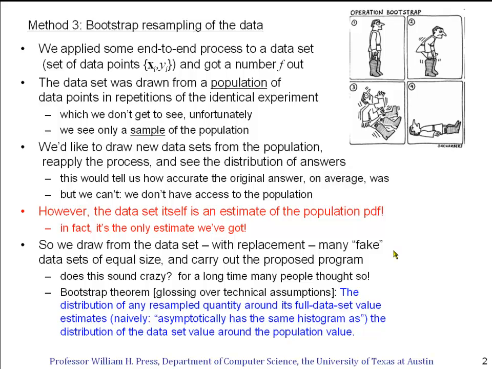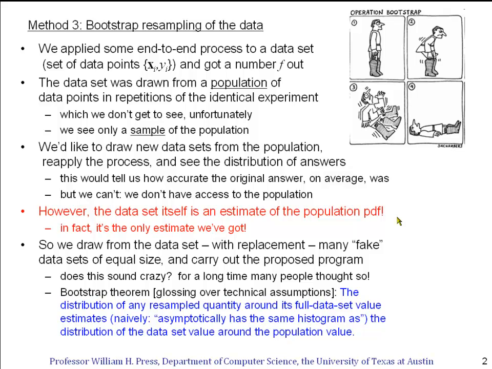No, you draw with replacement from your original data set, so that sometimes you get a point more than once, and sometimes you miss a point. However, each of these produces a data set of equal size to the original one, and in a certain sense, it's a data set that came out of our only estimate of the population PDF of the data, namely the data set we have.